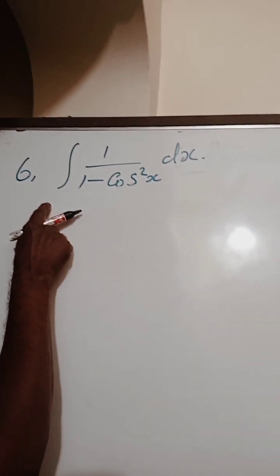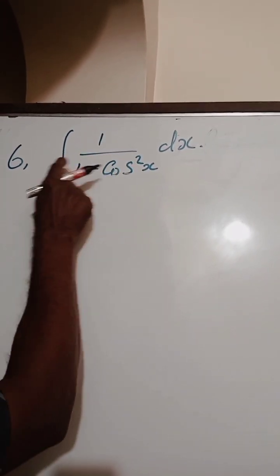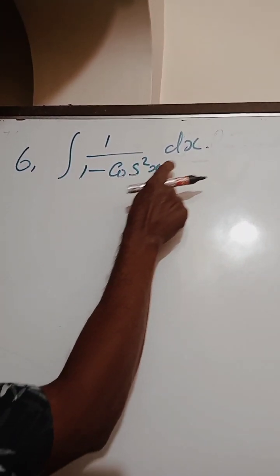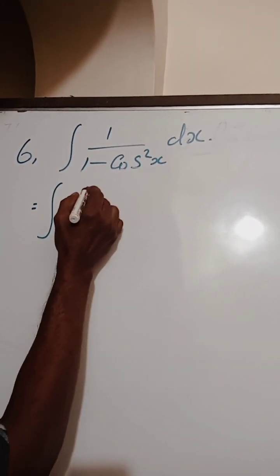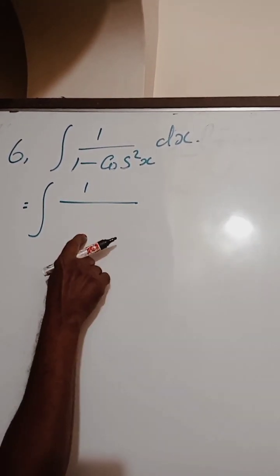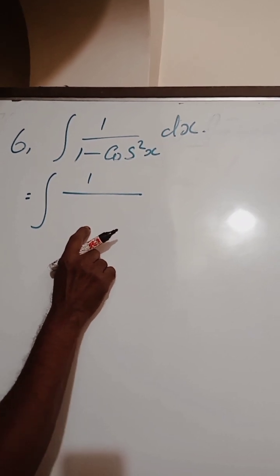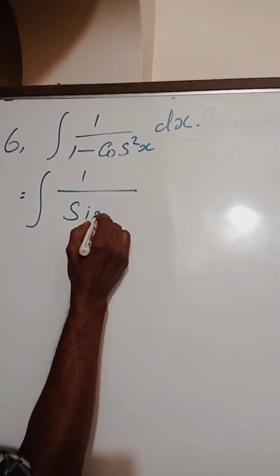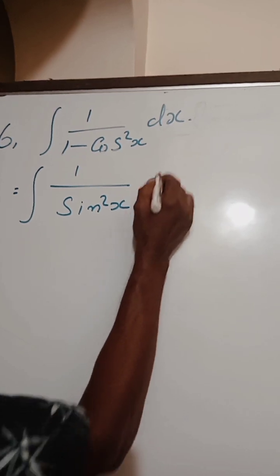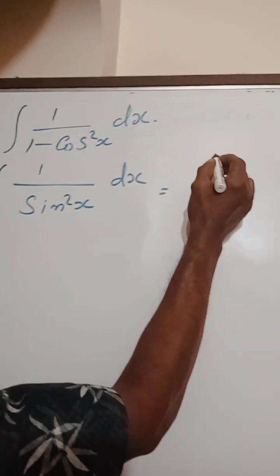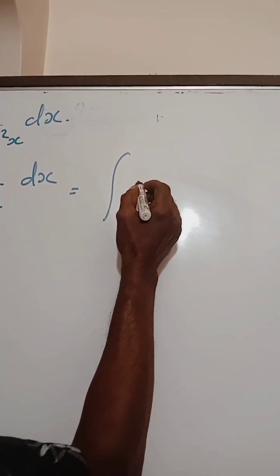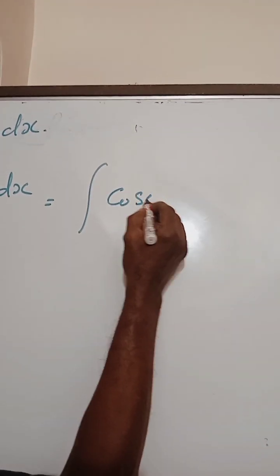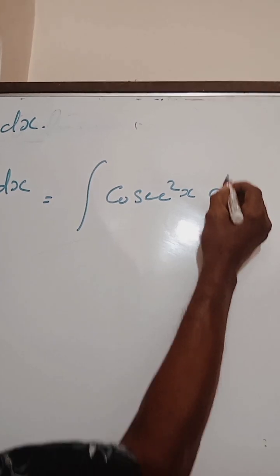Sixth question is integration of 1 divided by 1 minus cos square x dx. This is equal to integration of 1 divided by, we know that 1 minus cos square x is equal to sin square x dx. This is equal to integration of, we know that 1 by sin square x is equal to cosec square x dx.